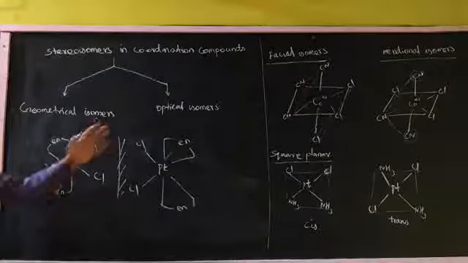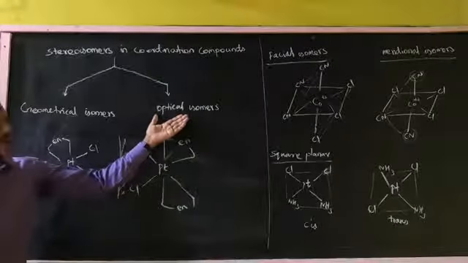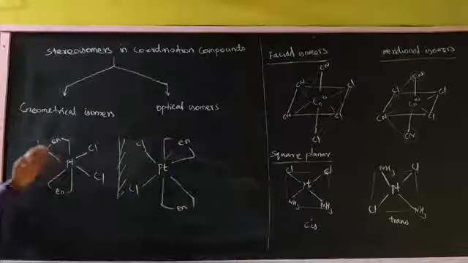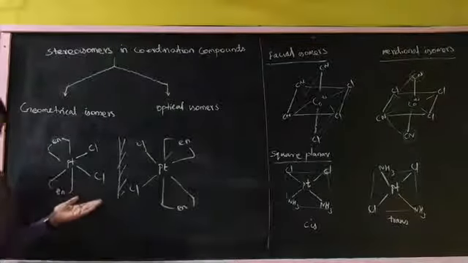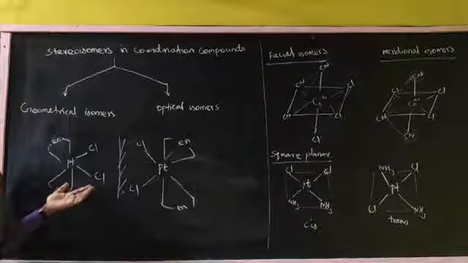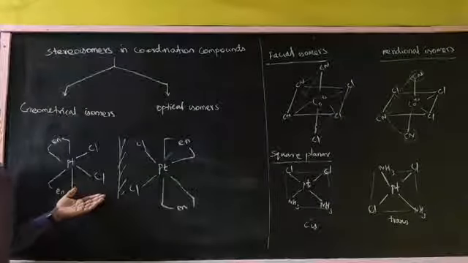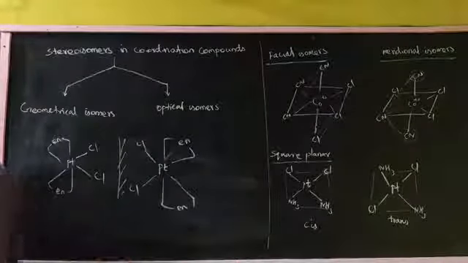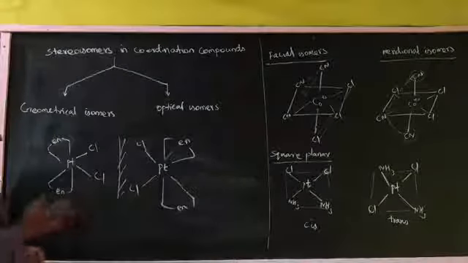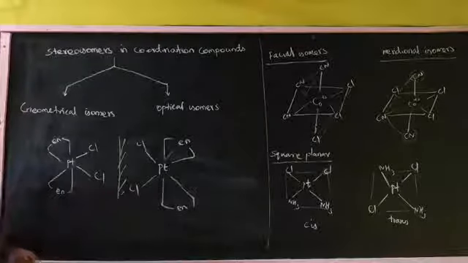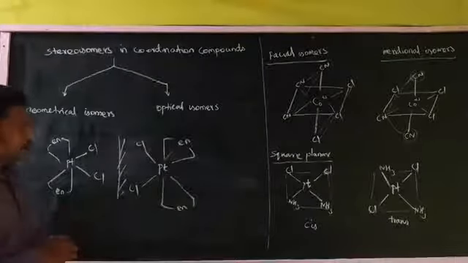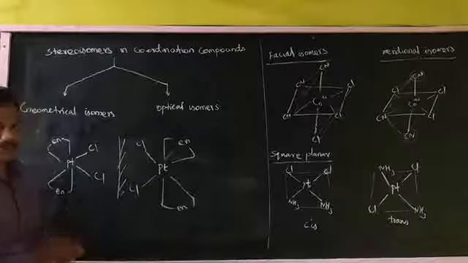So actually, what is the definition for optical isomer? The complex is able to rotate the plane polarized light, to the right side or left side. Right side rotation means dextro-rotatory, left side rotation levo-rotatory.